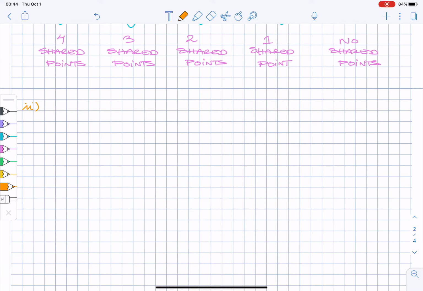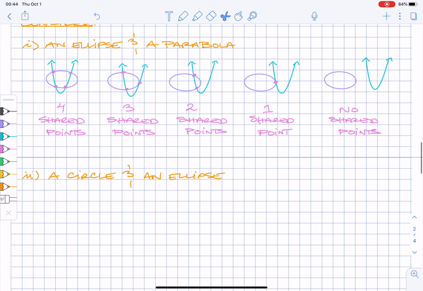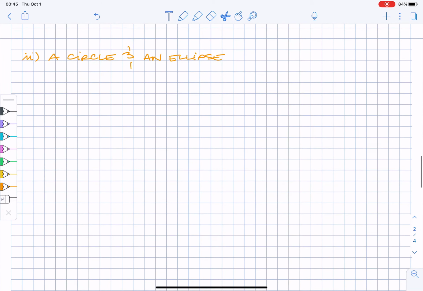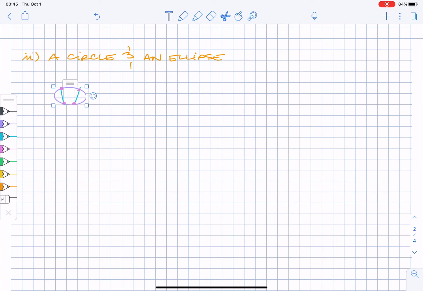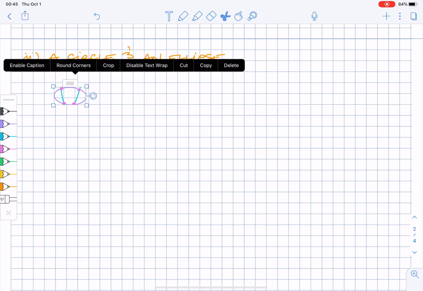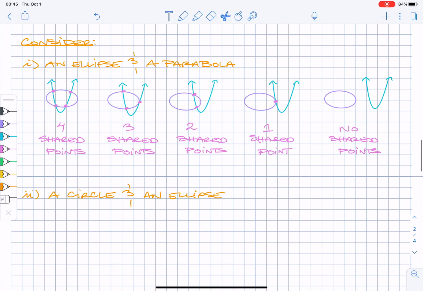Okay. So, a circle and an ellipse. Let me just take the ellipse from up here. Weird, that was strange. Let's delete this.